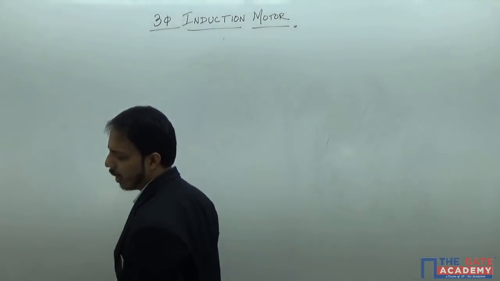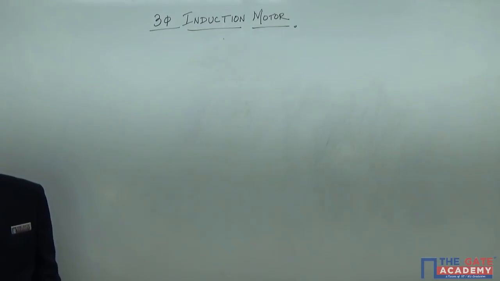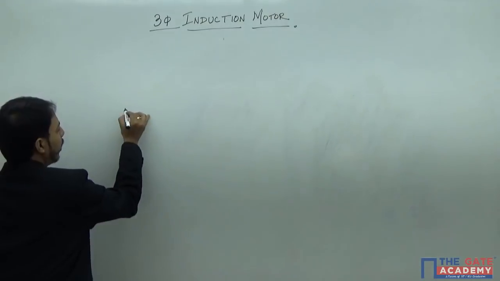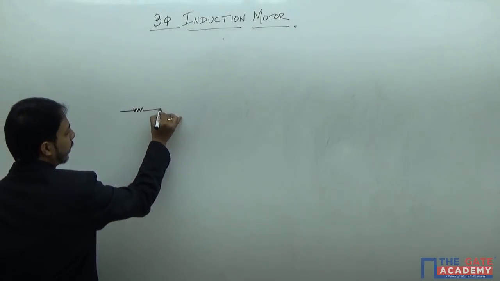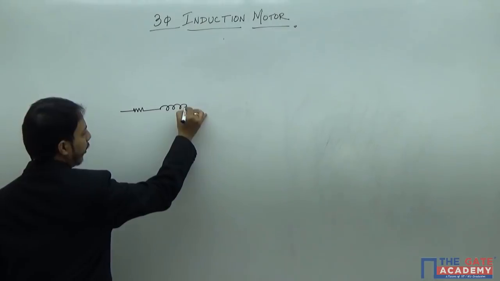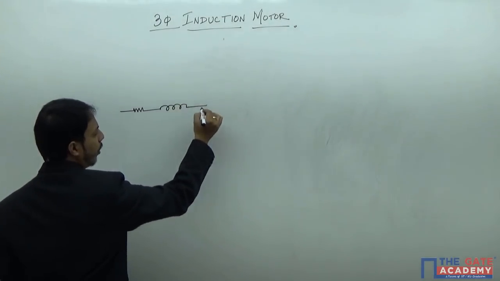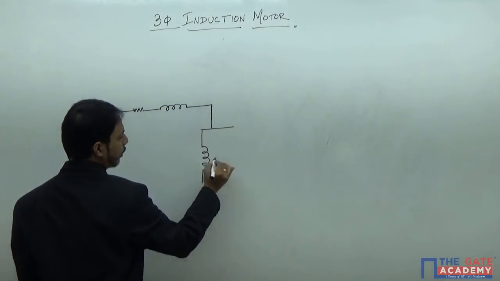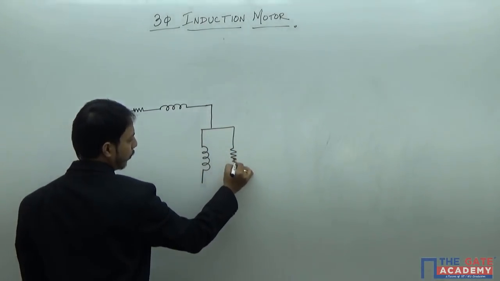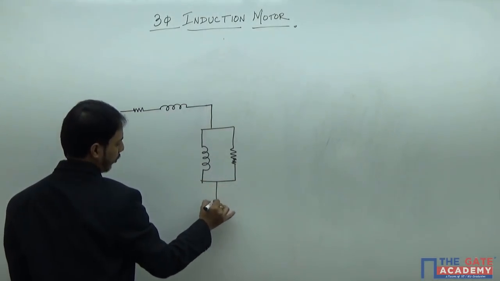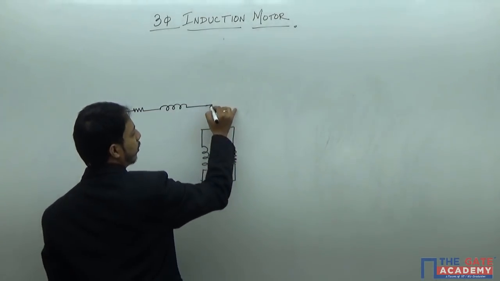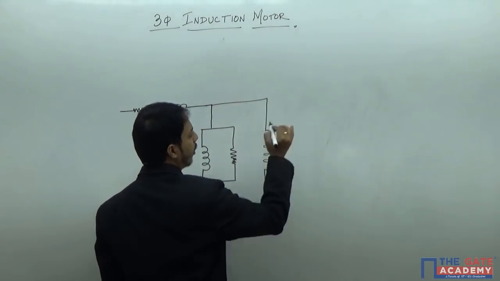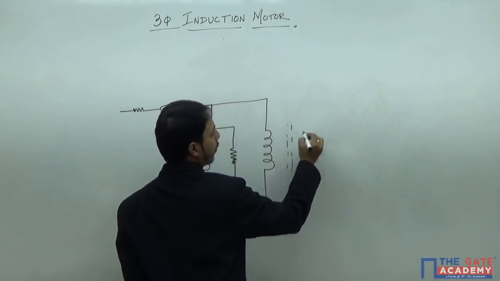Now let us also see a little bit about the equivalent circuit of the induction motor. We all know the equivalent circuit: this will be the resistance of the stator, then the reactance of the stator winding, then the magnetizing inductance, core loss representation, induced EMF in the stator, and the air gap.